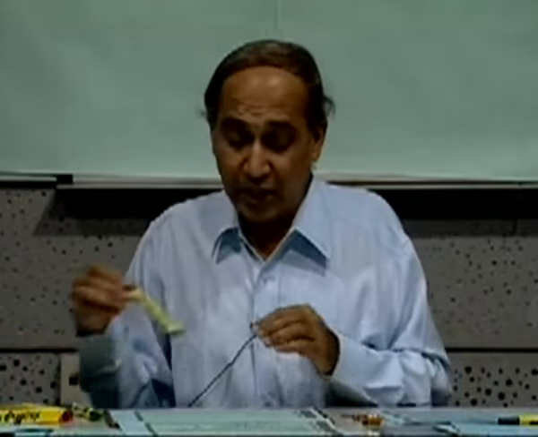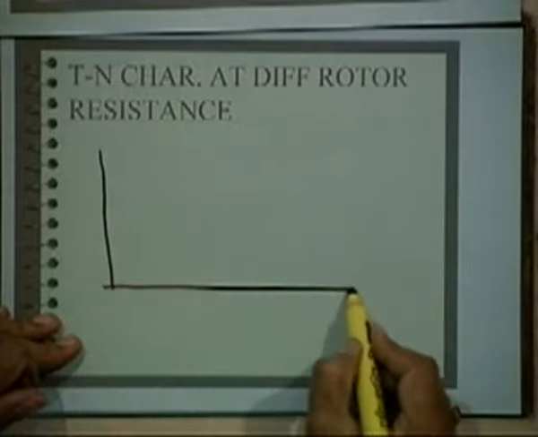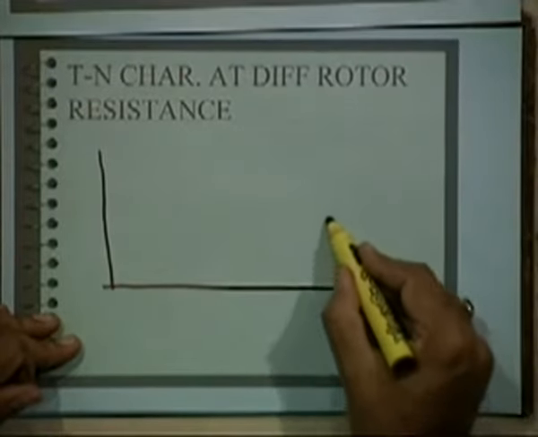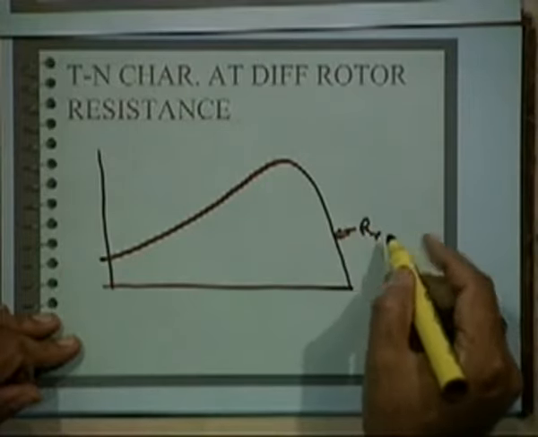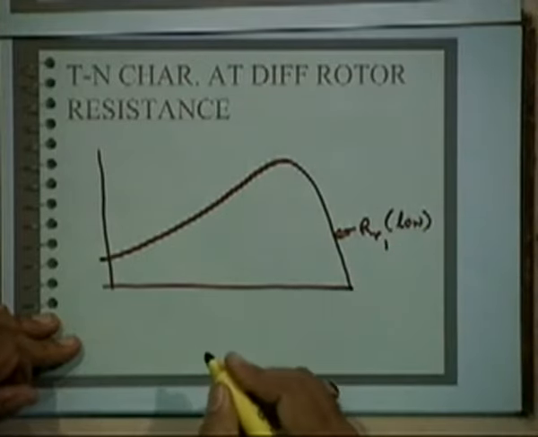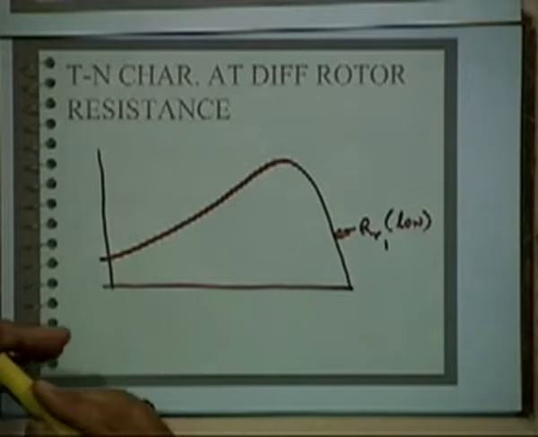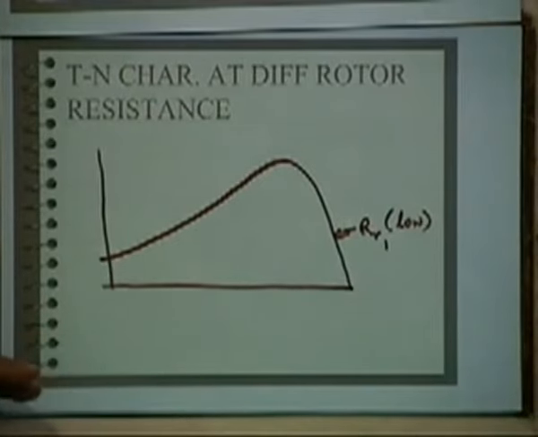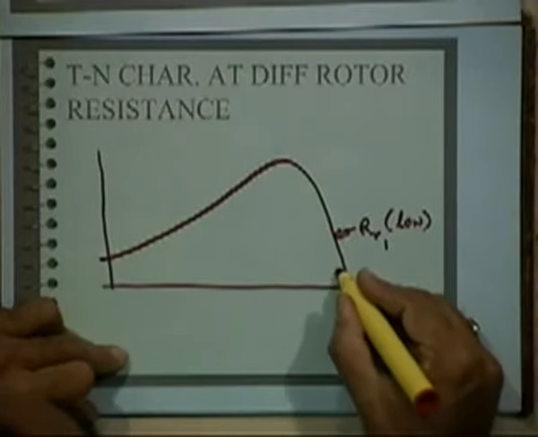Now what we can do is, we can write down what will be the torque speed characteristics at different rotor resistance. Okay, so we have low rotor resistance, let us say RR1, which is low. You have these characteristics. Now if you increase RR, what will happen?